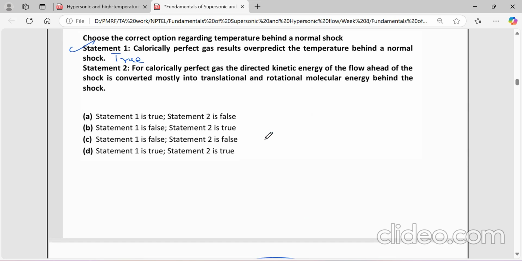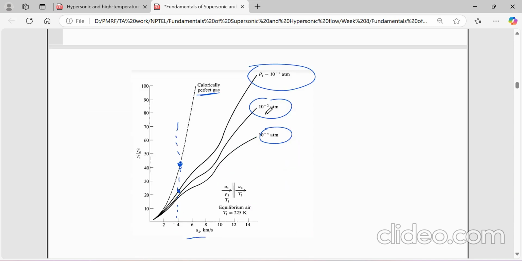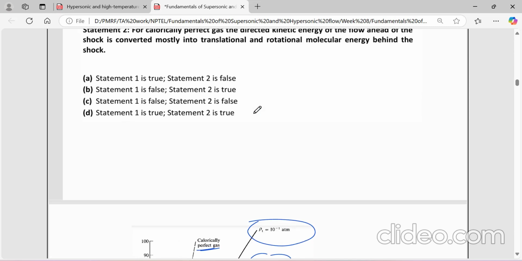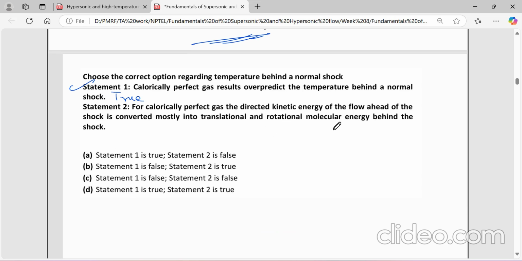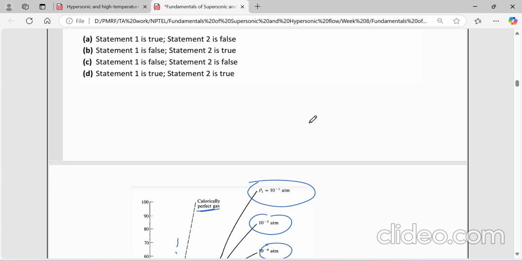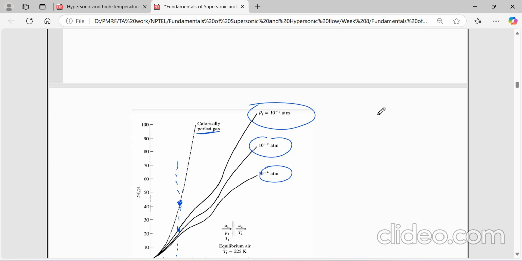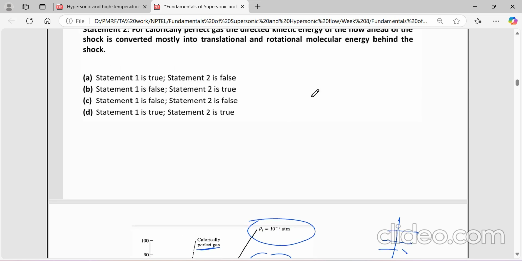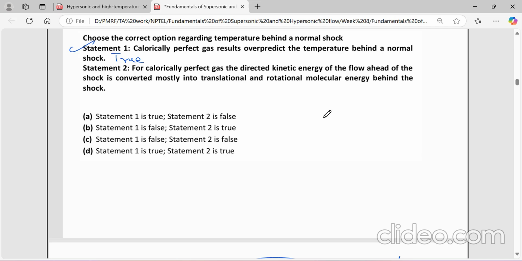And now the reason for this, why it over-predicts. What happens in chemically reacting gas: across a normal shock, the kinetic energy is converted to thermal energy. Some of this thermal energy is used in exciting chemical reactions and vibrations.